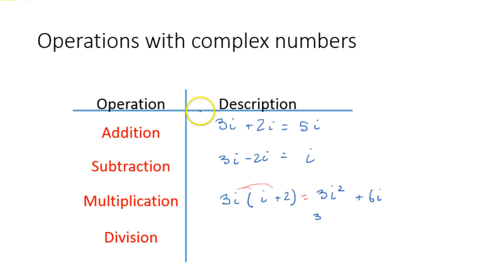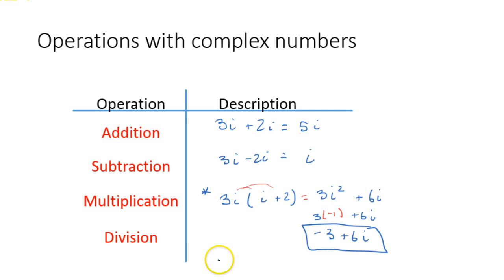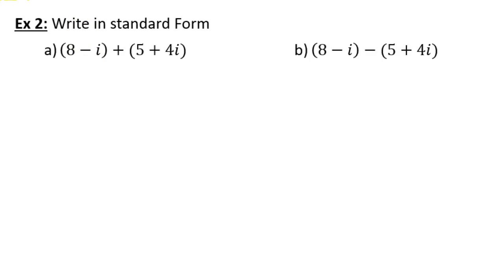So really we get 3 times this negative 1 value, because i squared is negative 1, plus 6i. If we simplify that, that's just negative 3 plus 6i, and that becomes our solution. So there's more to it when you're multiplying. Multiplying seems to be the harder of the three. Division, we'll take a look at that as its own example in a bit. So let's go ahead and cut to example 2.